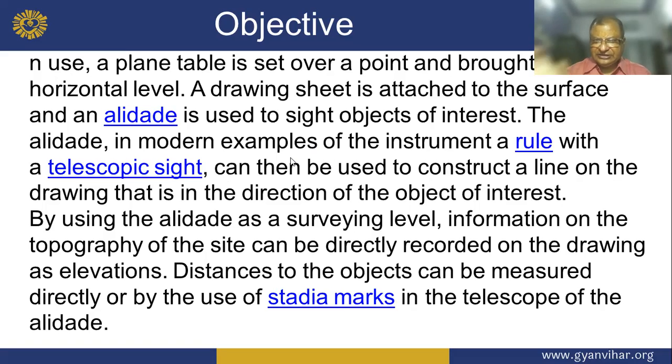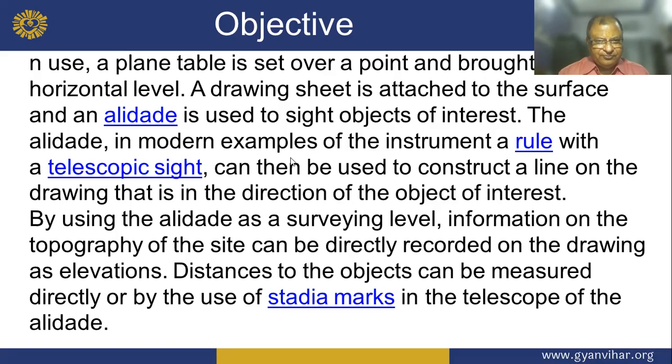A drawing sheet is attached to the surface and an alidade is used to sight objects of interest. The alidade is the modern example of the instrument. A ruler with a telescopic sight can be used to construct a line on the drawing that is the direction of the object of interest.